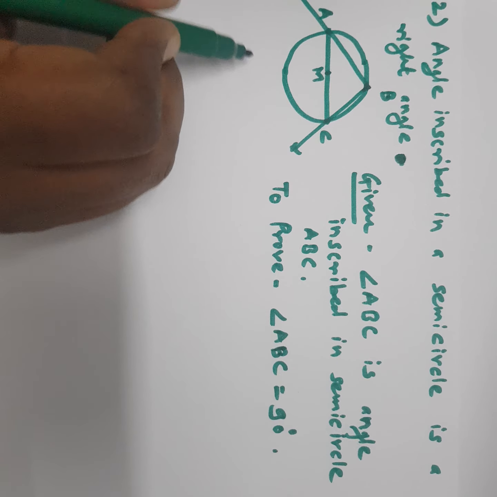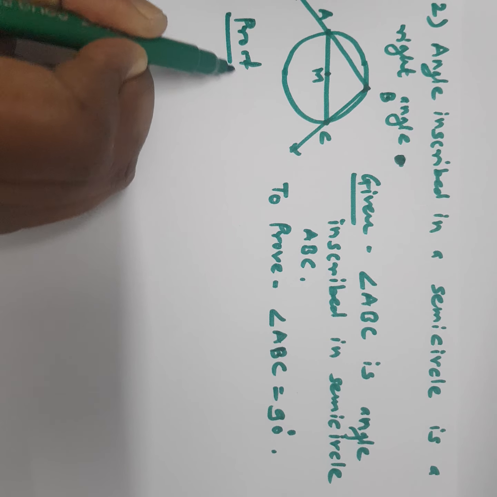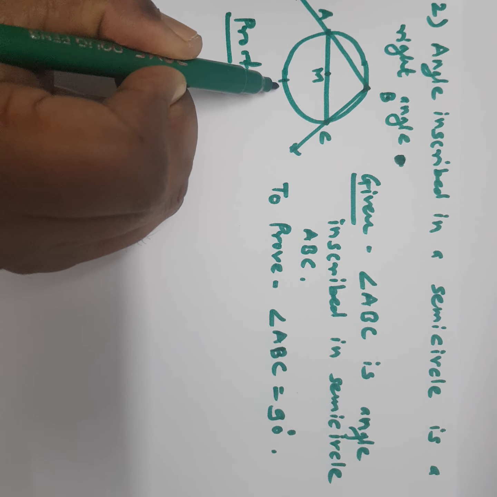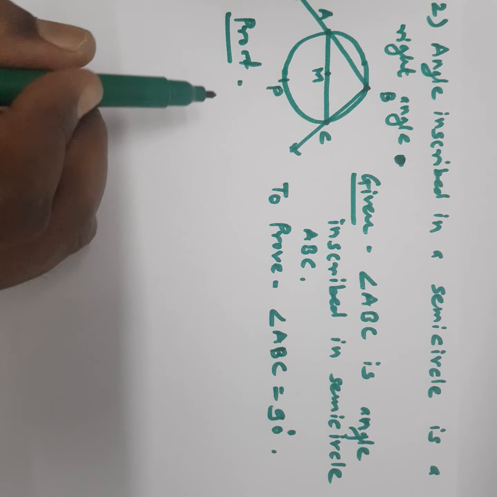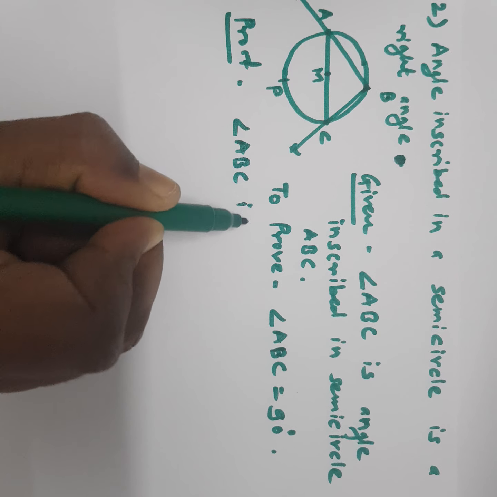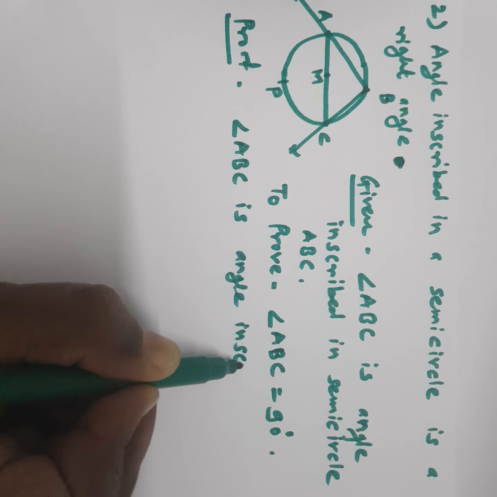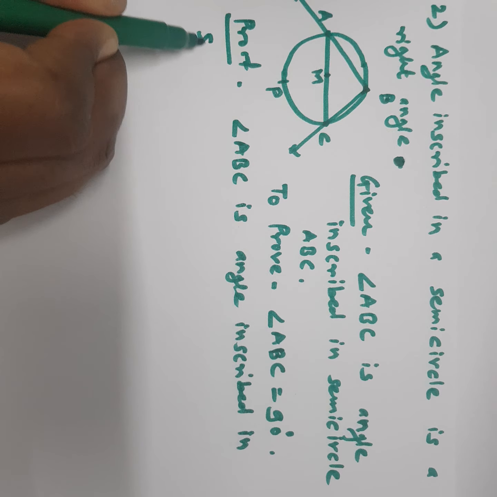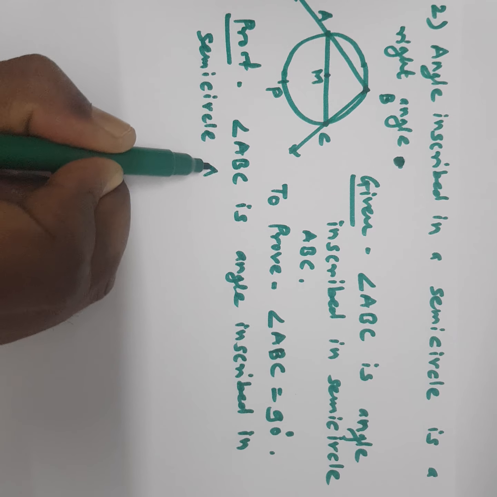Now we will write the proof of the theorem. Let us take one point P. Here angle ABC is an angle inscribed in semicircle ABC.